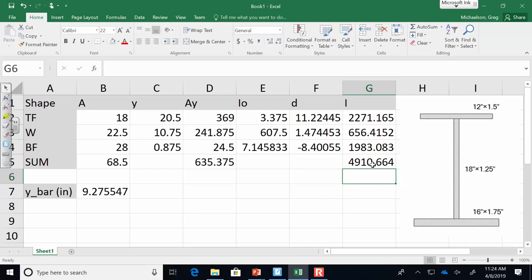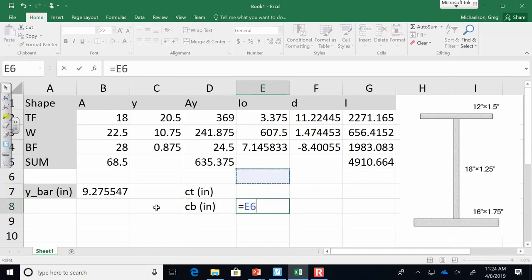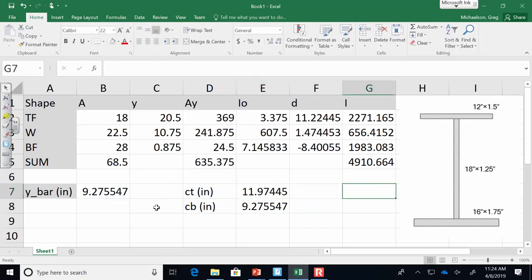So what do we have? Here, I'll move it over here. So we have CT. We have CB. So CB is just that. And CT is the whole height minus that. So 1.75 plus 18 plus 1.5 minus that. And then we can compute our section moduli.